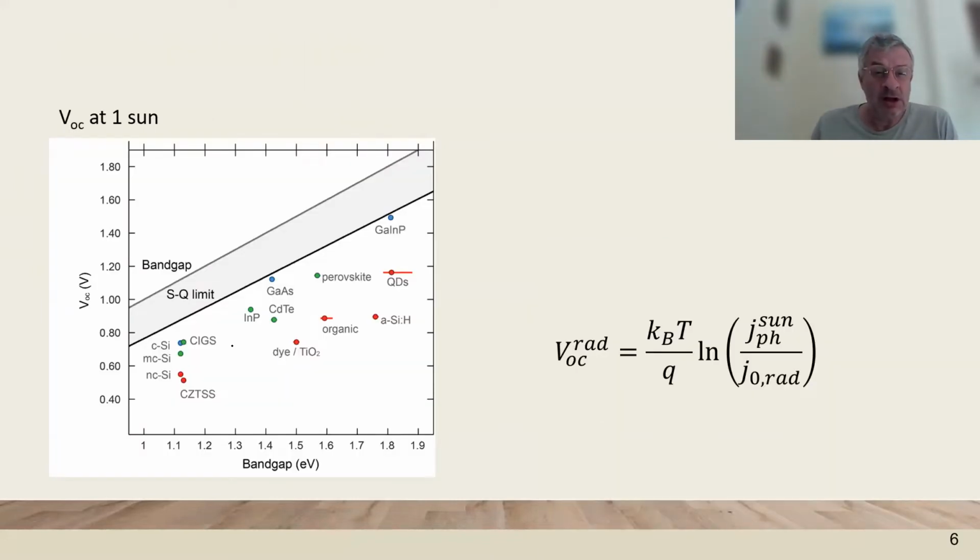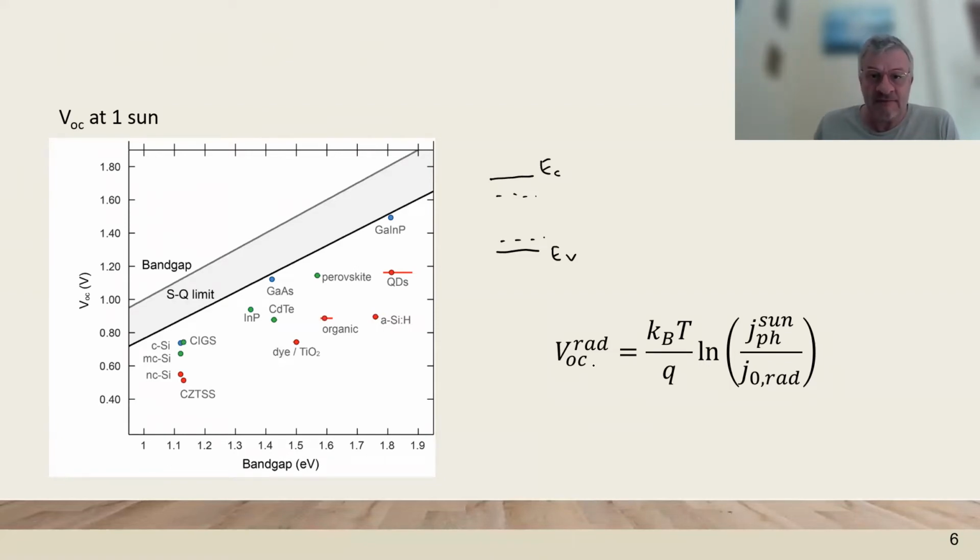We recall the radiative limit of the photovoltaic. At one sun, this is a quantity smaller than the band gap because the Fermi levels are not yet touching the band gap. And this is the maximum VOC that can be achieved.